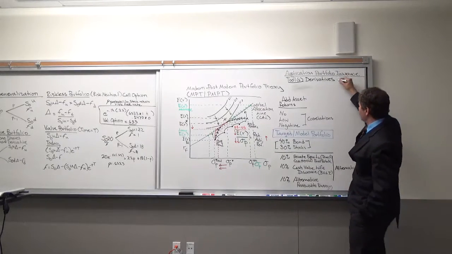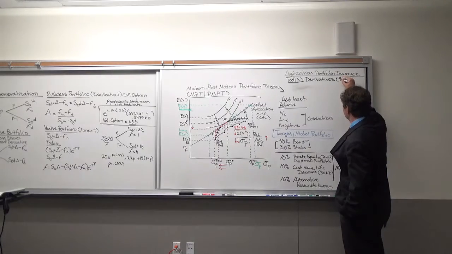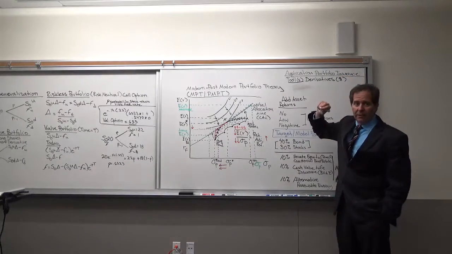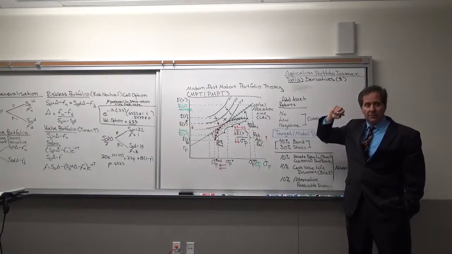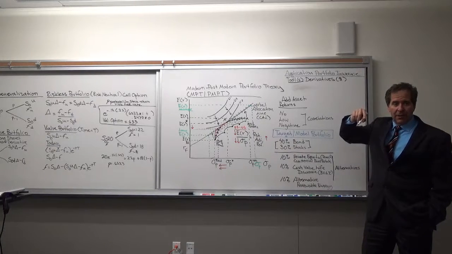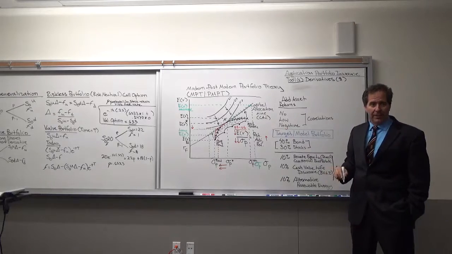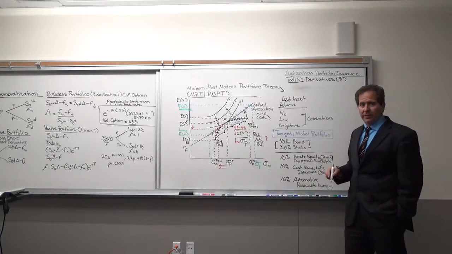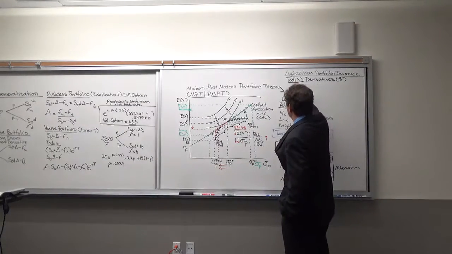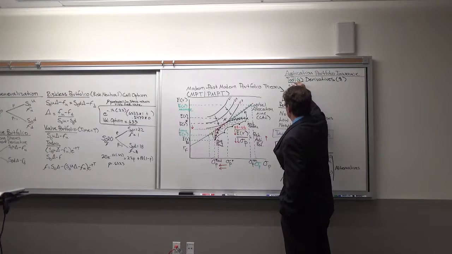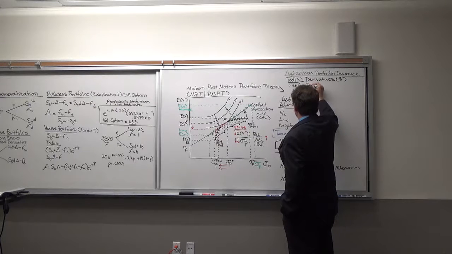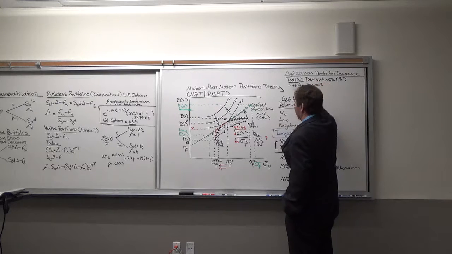So if we think the prices are going to go down, what would be our derivative trades to hedge off the downside market exposure to our portfolio? What will we do? We'd write forward contracts.